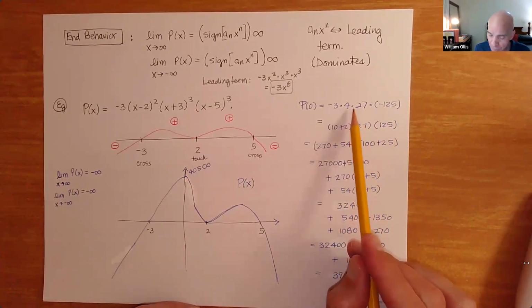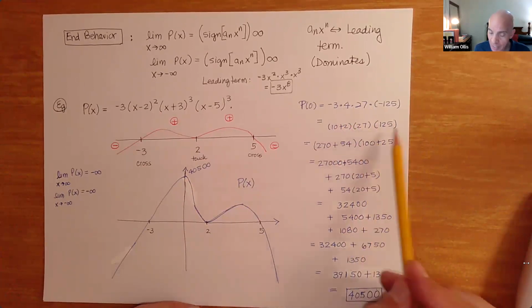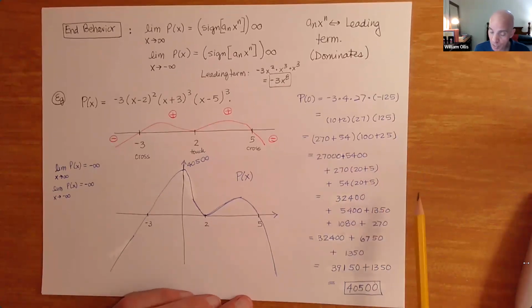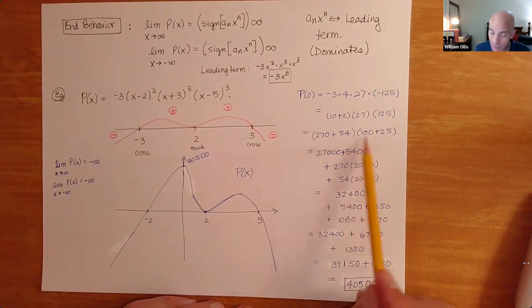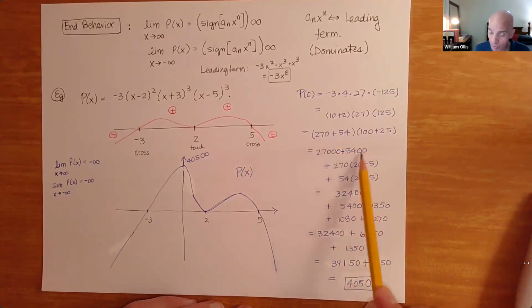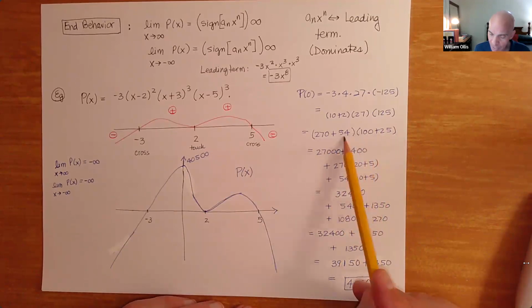Notice here, when we start multiplying, 12 is just 10 plus 2. We can hit that with the 27. And then, of course, 125 we can write as 100 plus 25 and just use the distributive law. So what I've done here, it's easy to multiply numbers by 100, and that was very easy to do. And now notice we've got these numbers taken care of.